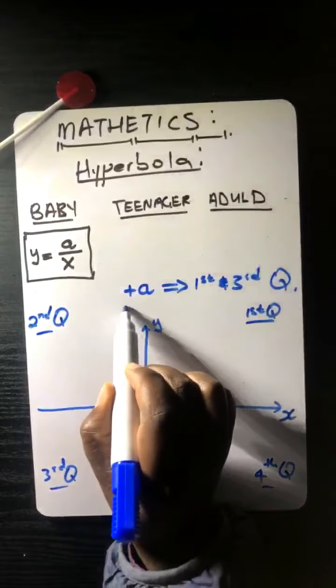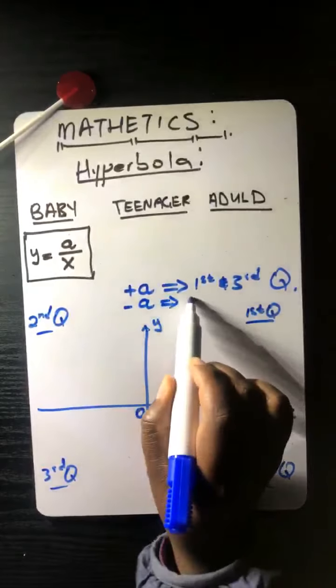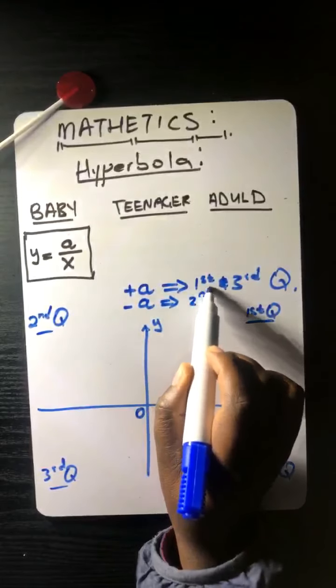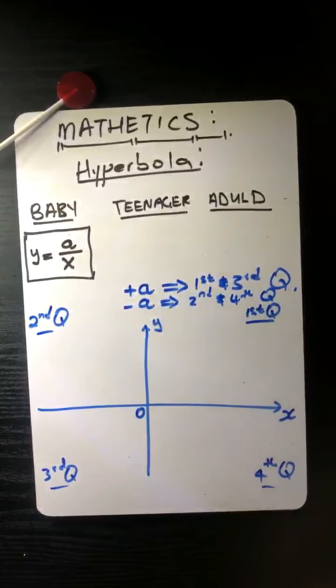So if our A value is negative, we are going to have our function or sketch in the second and the fourth quadrant. So you just need to be careful of that, ladies and gentlemen.